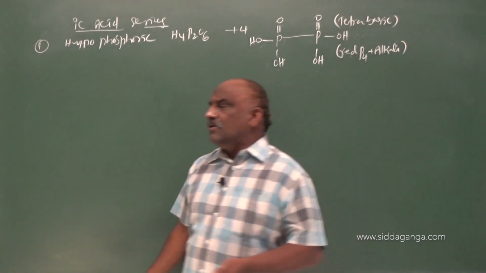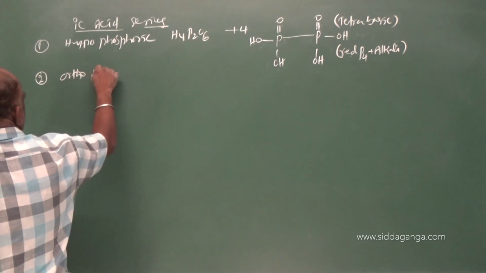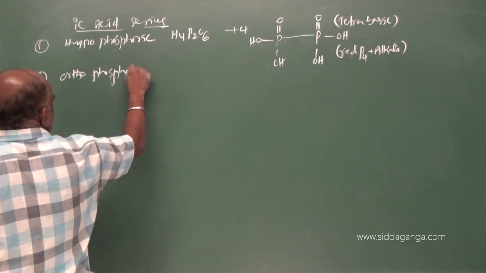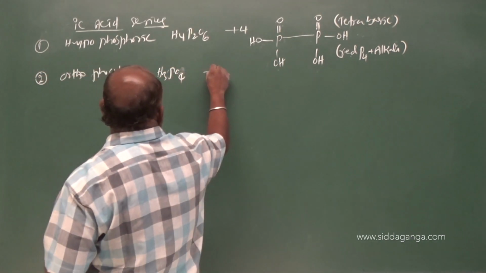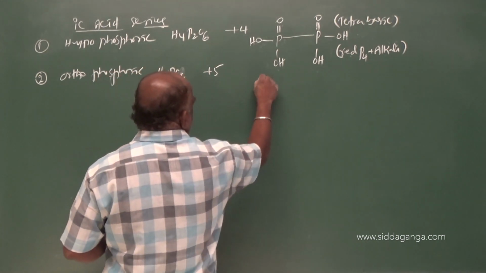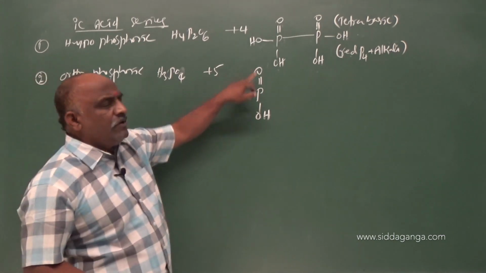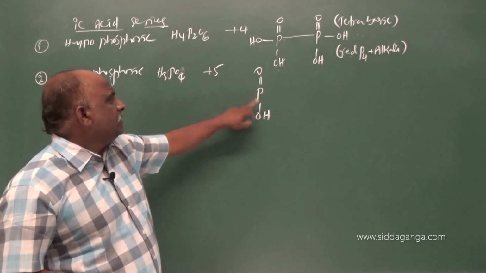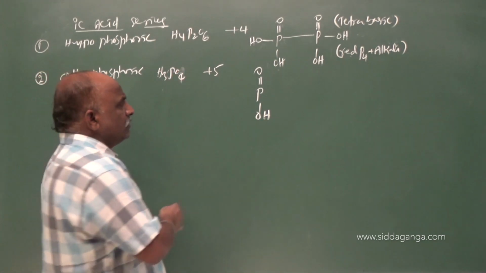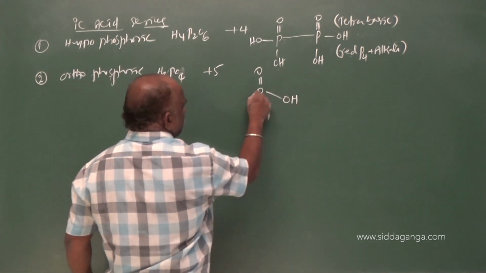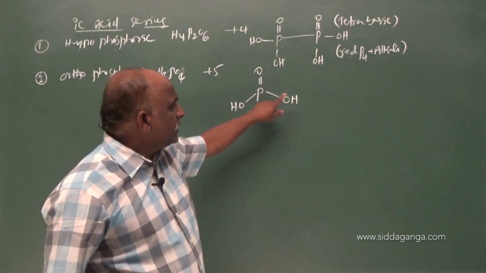And the next one, going to second one, orthophosphoric. The orthophosphoric molecular formula is H3PO4, oxidation number +5. P=O, OH is common, so HPO2 it is. HPO2 means still we require 2 oxygens, 2 hydrogens, so we should draw like this, OH, OH. Number of OH groups is 3, so it is also tribasic.